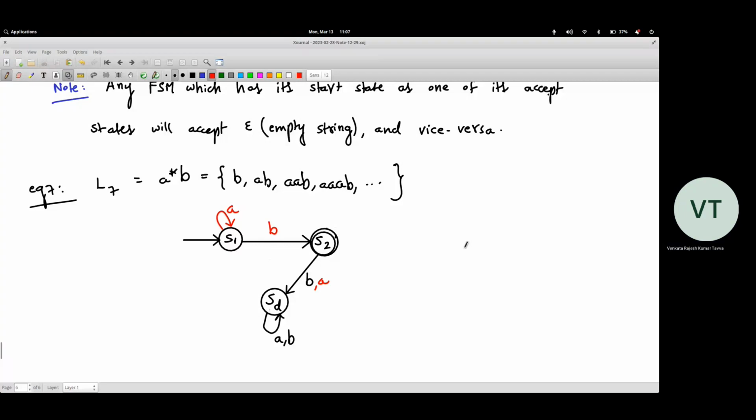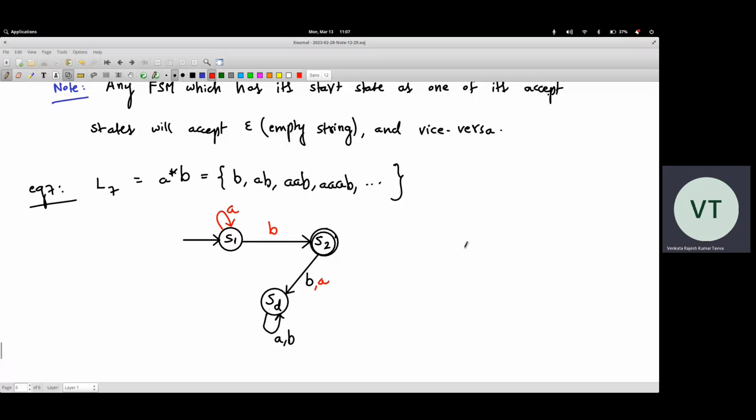Okay. So try to give meanings to the states. S1 means you haven't seen a B. Fine. Can you see an A? Okay. It's also okay if you don't see an A. It's okay if you see an A. So you just have a self loop. It will anyway account for 0 or more A's. So self loop on S1, it means you haven't seen a B, you have seen 0 or more A's. And the moment you see 1 B, you go to S2.